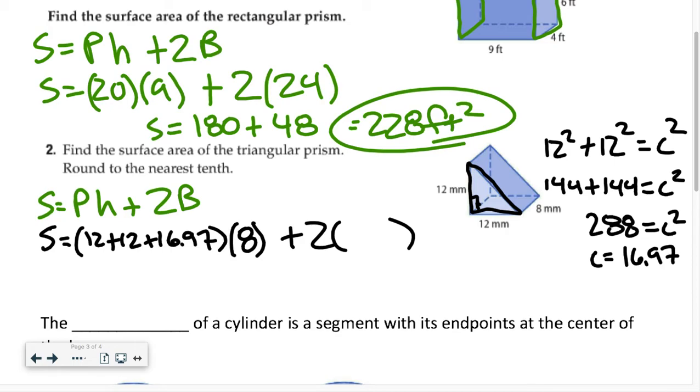So again, this base is triangular, so for the area of a triangle, we're going to substitute for B, 1/2 base times height, so 1/2 times 12 times 12. So half of 144, which is 72.